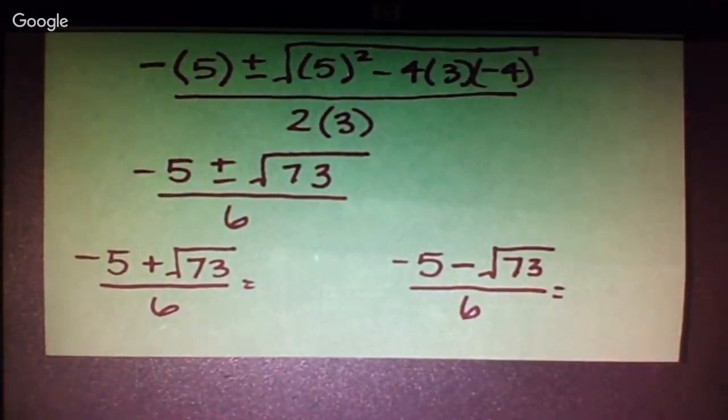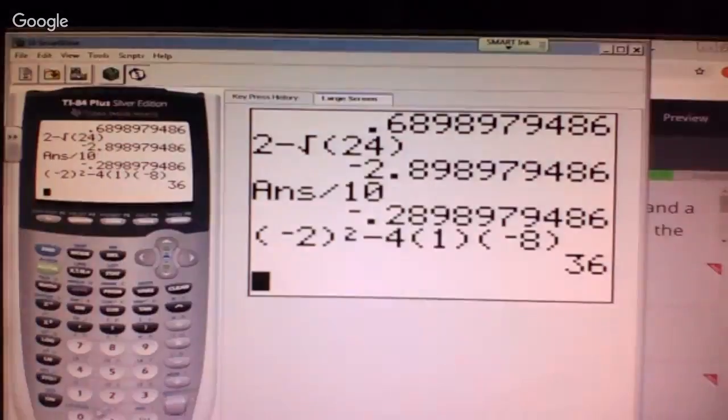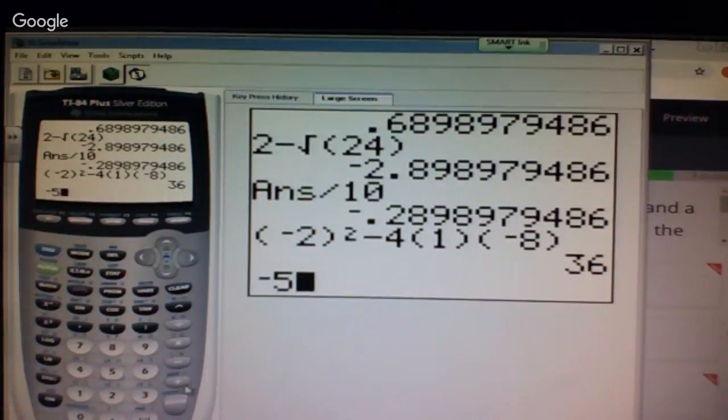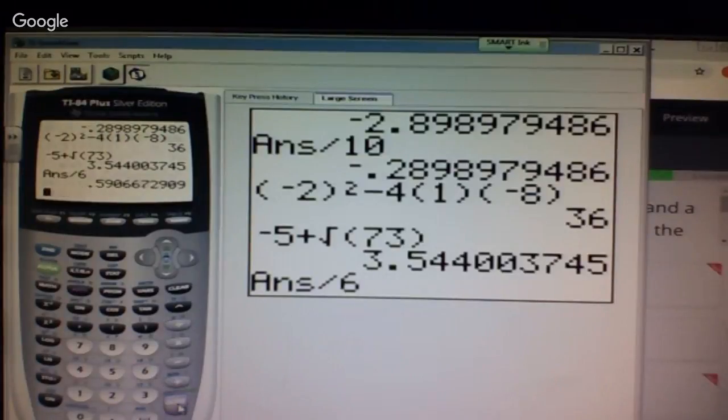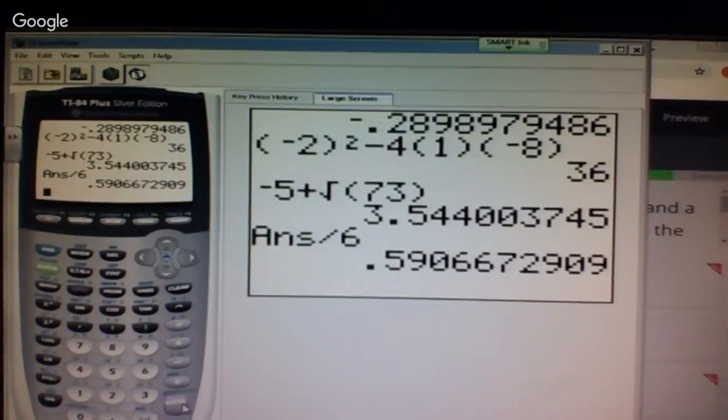So negative 5 plus the square root of 73. Here, I can do it on the calculator again. Make sure everybody's on the same page. Again, you hit equals first, and then you divide that by 6. So 0.59 is the first one.